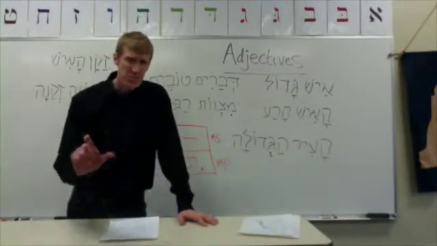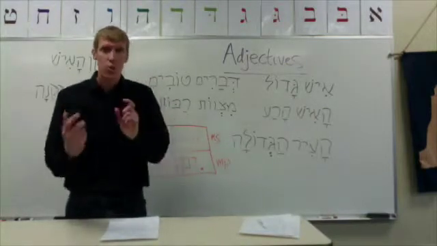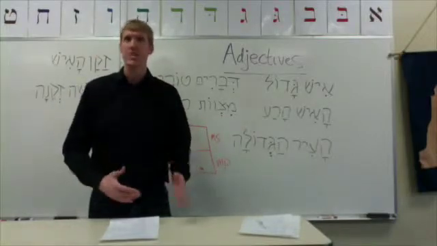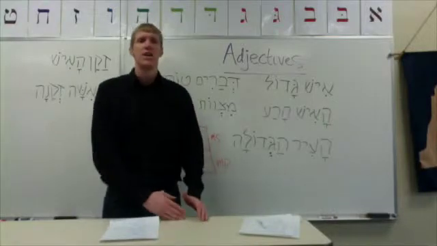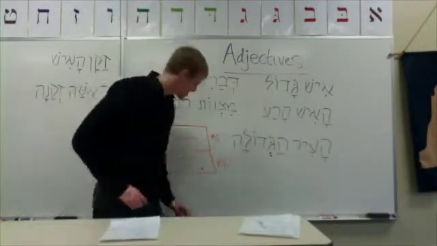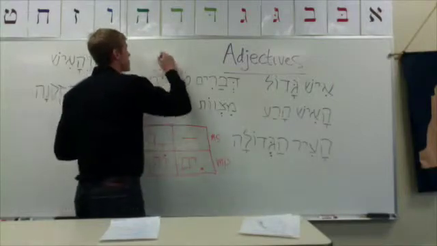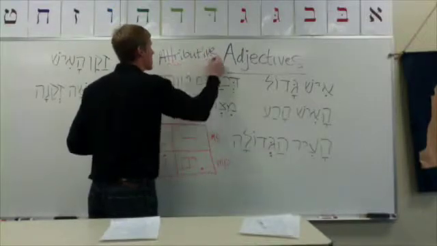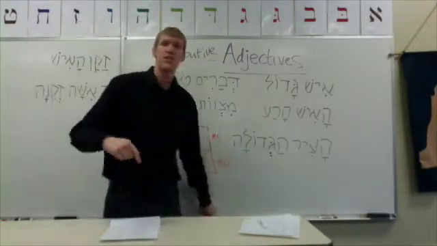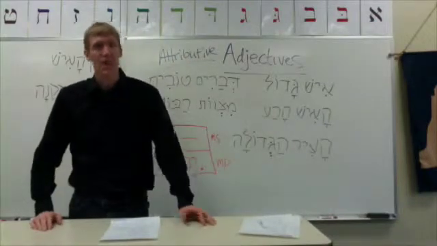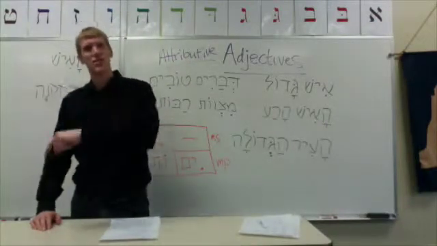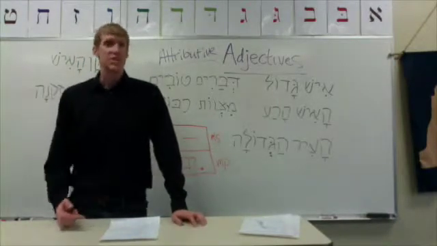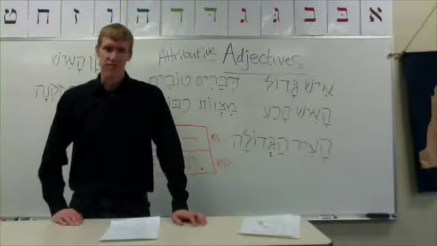Okay, now, one potentially confusing quirk that really just highlights one of the differences in syntax between Hebrew and English is that attributive adjectives, these on this side, generally follow the noun they modify. However, in translation, because of the unique syntax of English grammar, attributive adjectives come before the nouns they modify.